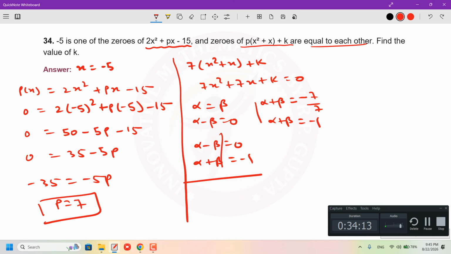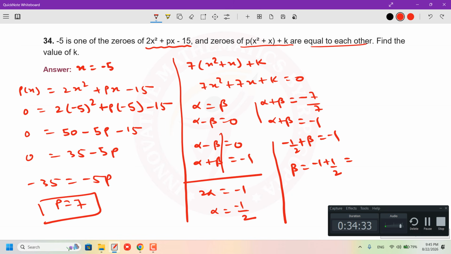So ये काट दो. 2 alpha equals to minus 1, alpha equals to minus 1 by 2. अल्फ़ा का वैल्यू minus 1 by 2 आ गया, एंड देन बीटा minus 1 by 2 plus beta equals to minus 1. So beta is equals to minus 1 plus 1 by 2. So again minus 1 by 2.